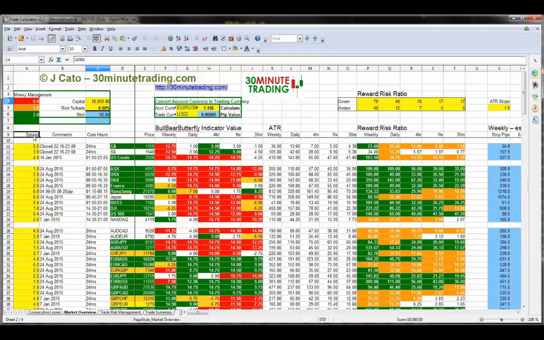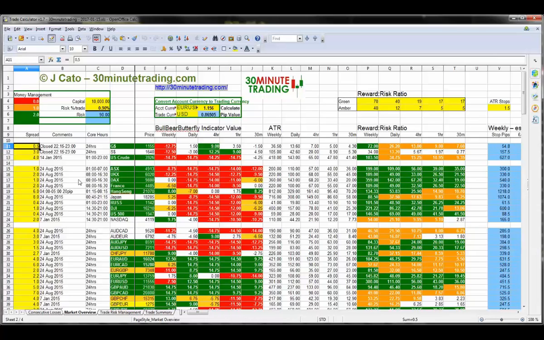Down the left hand side here I've got spread. Now obviously spread is the cost of trading. So whatever the spread is, that's what you're going to have to make up when you've put the trade on. At $1 per pip or £1 per pip, when you're trading gold on this particular broker, the spread is 0.5.